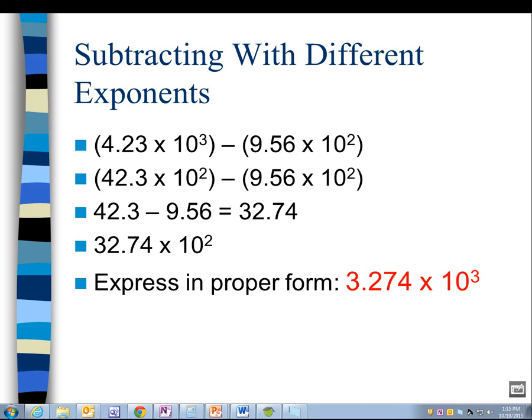Why does it happen when you get from 10 to the 3rd to... It was, let's see.